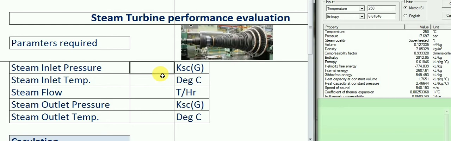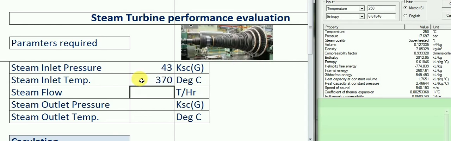We need to convert to bar; we have conversion factors, so it is no worry. Our inlet steam pressure is 43 kg per centimeter square gauge pressure, and the inlet temperature of the steam is 370 degrees centigrade.